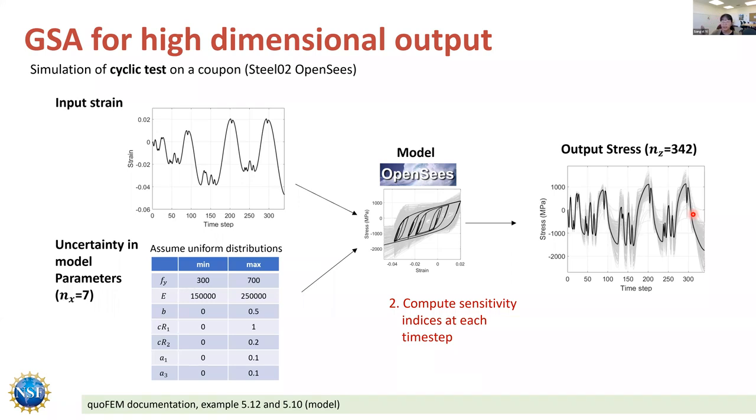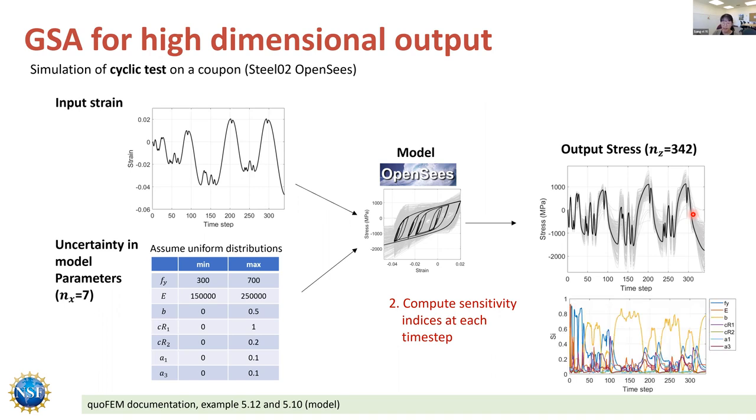However, if we really want to get the overall sensitivity indices considering the actual time history of the response, then we can run sensitivity analysis at each time step separately, and then finally draw this kind of figure. This figure shows how the sensitivity of each parameter changes as the time step increases.